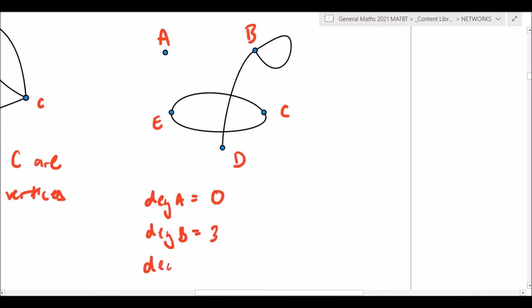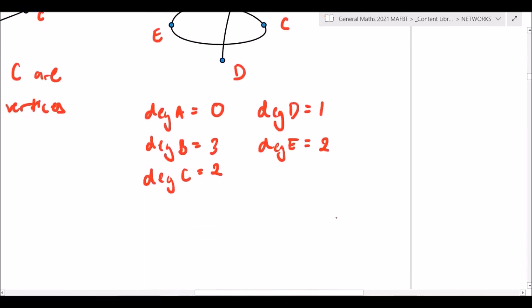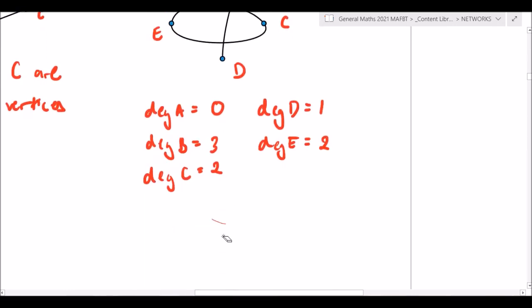Degree for C is going to be 1, 2. Degree for D, sorry, it's going to be 1. I can just see the one line going down. Degree for E is going to be 1, 2. So 2. Now, stating which are odd, I would say the only odd one here is B. So B is an odd vertex.